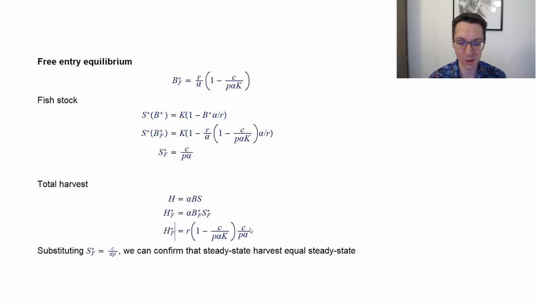So the higher the cost, or the lower the price, or the lower the technology, well, it has this double impact on the amount of harvest.